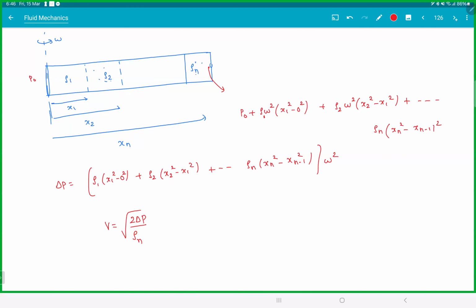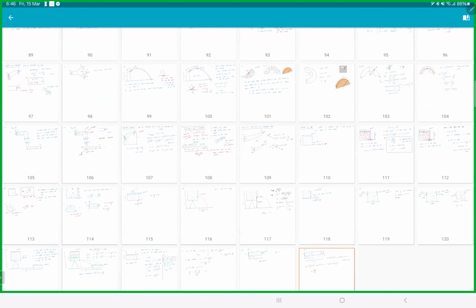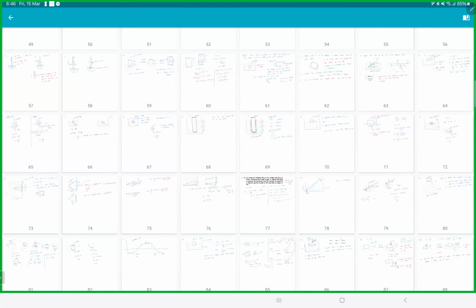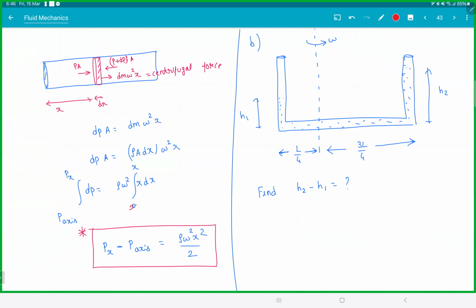So in our case, there's only rho 1, rho 2, so those terms will not come. In case you're confused how we got that, you need to go back to page 43 and look at the derivation. Here the limits will go from x1 to x2, so this will become rho omega square x2 square minus x1 square.